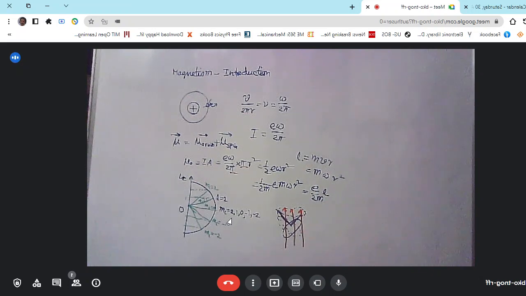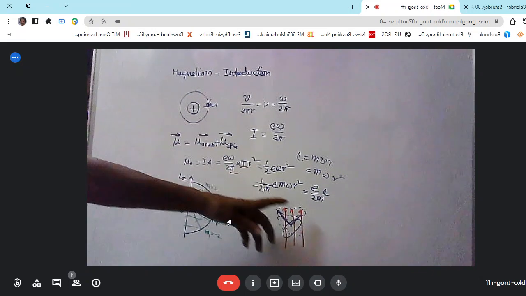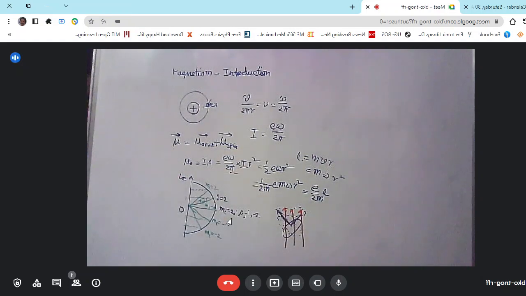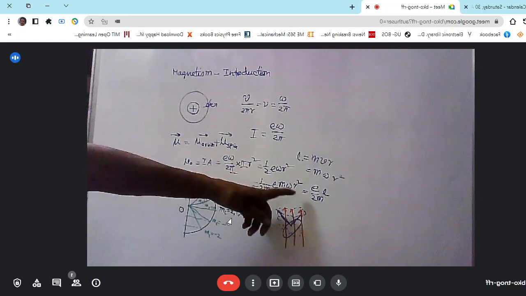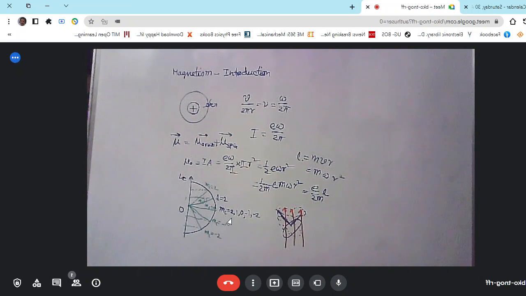So now I think you have understood that well: mu equals to mu orbital equals to e by 2m into L. This is alright, but not all the values of L are permissible.